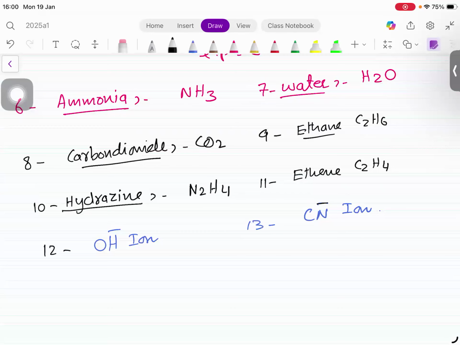Bonding we started in the previous lecture, which was electronegativity and ionic bond. Today we started with the covalent bond.